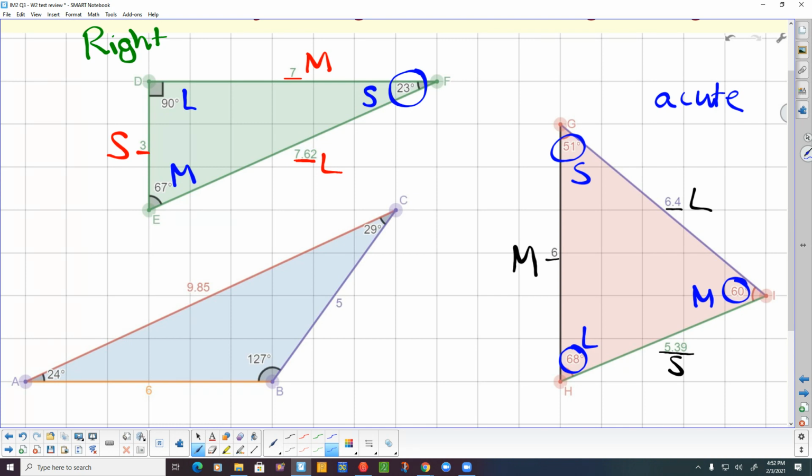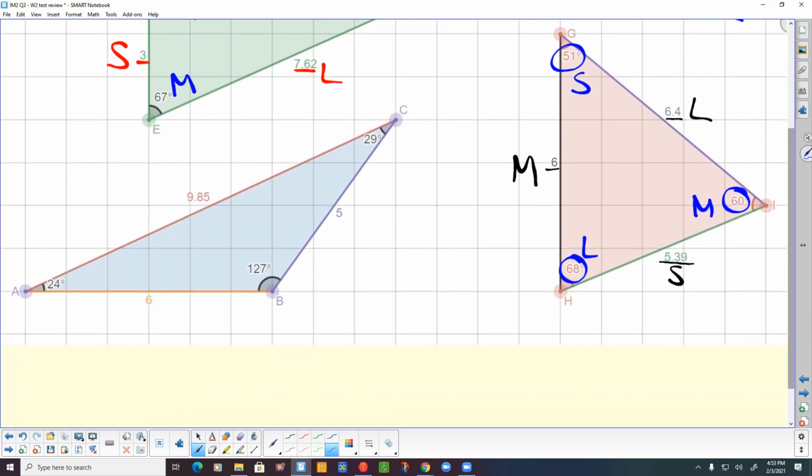If I tell you where the smallest angle is, I'm going to write it down. I'm going to put the angles in order from smallest to largest. Angle G. That's an angle symbol, G. Medium is angle I. And large is angle H. That's small, medium, and large. What about the side lengths?